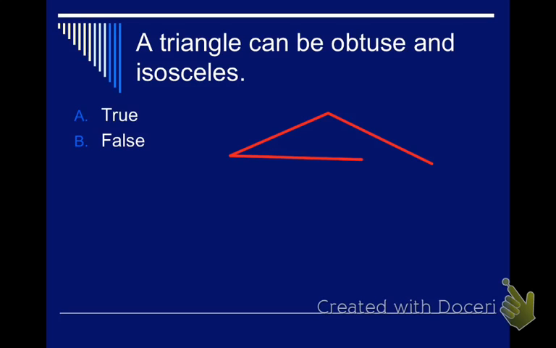And then clearly, if we connect them, we have congruent sides making the triangle isosceles, and we have an angle greater than 90 making it obtuse. So yeah, we can do that.